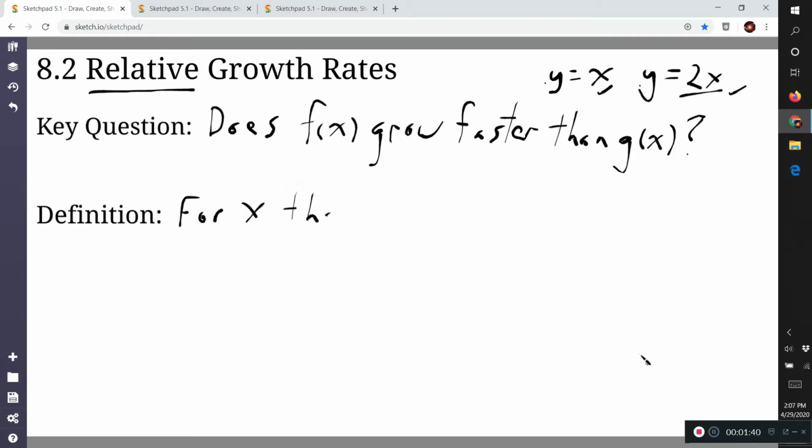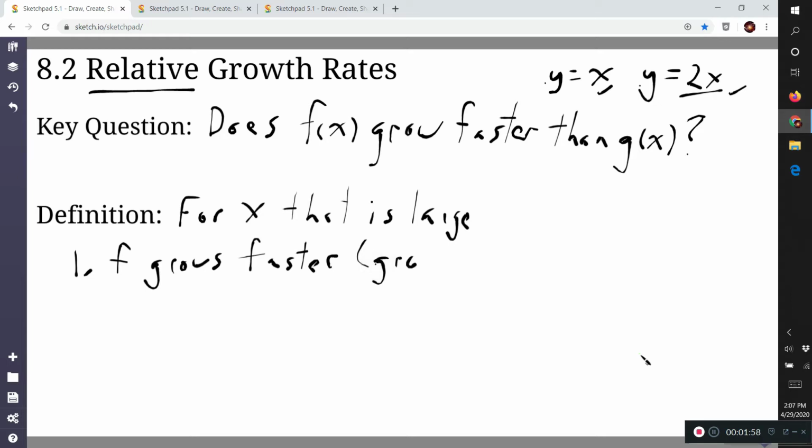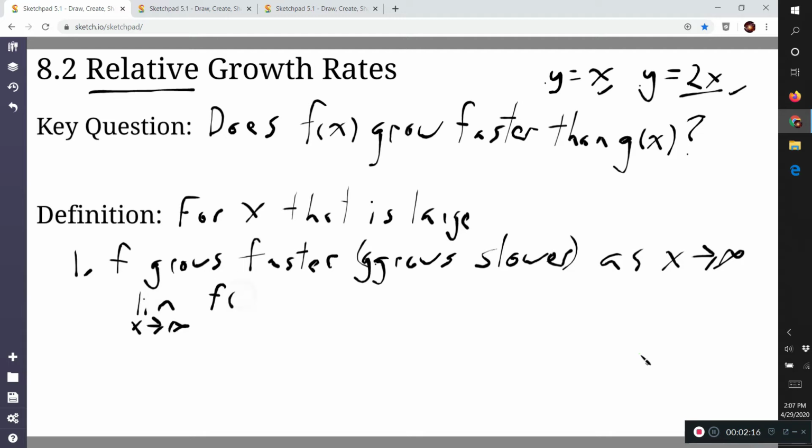For x that is large, so it's important that we're talking about as we go towards infinity, so x has to be large, f grows faster than g, or we can say g grows slower, if the limit as x approaches infinity of f of x over g of x goes towards infinity.